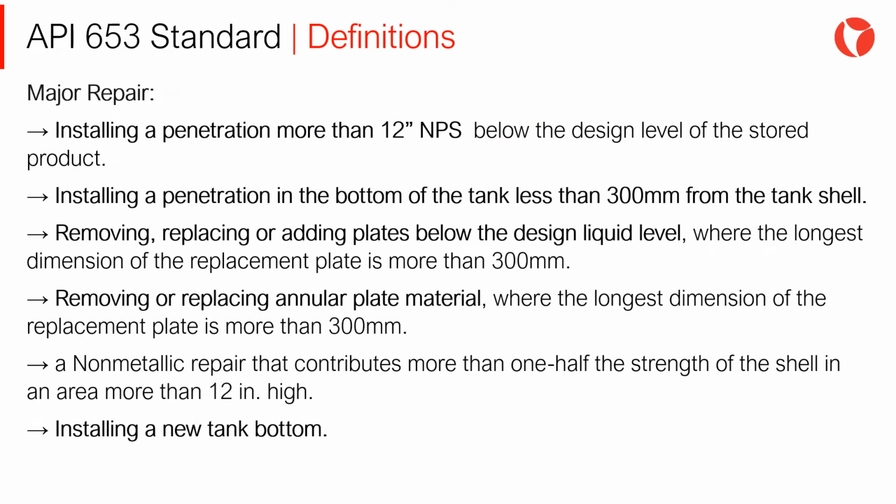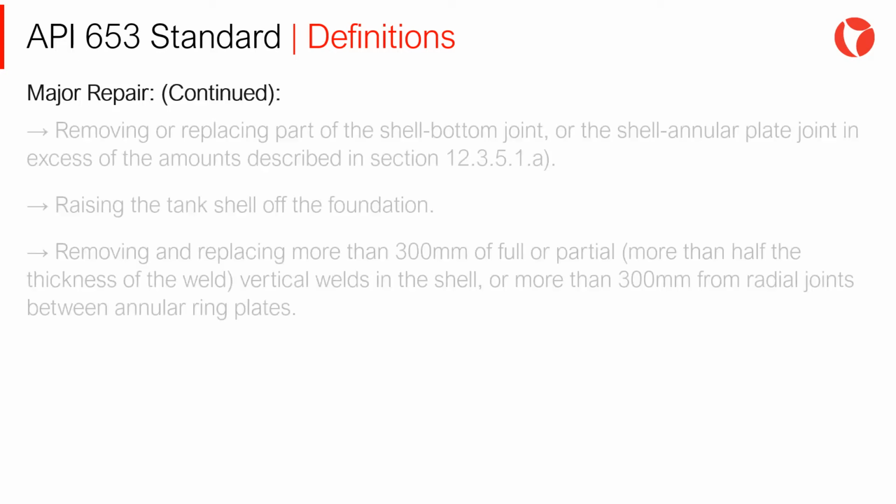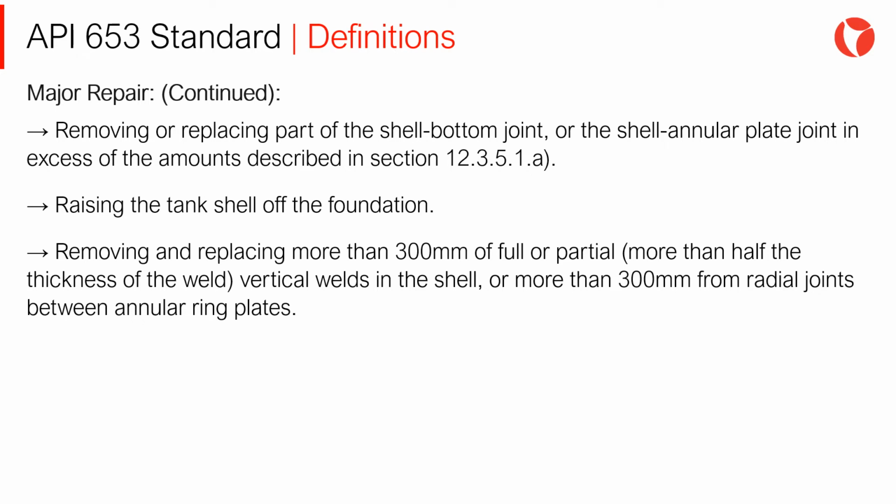Likewise, examples of major repairs are the following: installing a penetration more than 12 inches nominal pipe size, installing a penetration in the bottom of the tank, removing, replacing or adding plates below the design liquid level, removing or replacing annular plate material, installing a new tank bottom, or removing or replacing part of the shell-to-bottom joint, raising the tank shell off the foundation.